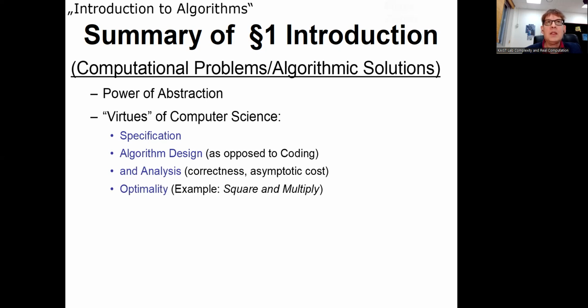And finally, proof of optimality, which we'll illustrate here with a square and multiply algorithm, because these 4 steps constitute what can be considered as a meta loop, right? So if we've designed an algorithm, analyzed the algorithm, and that algorithm is optimal, then your job is done.